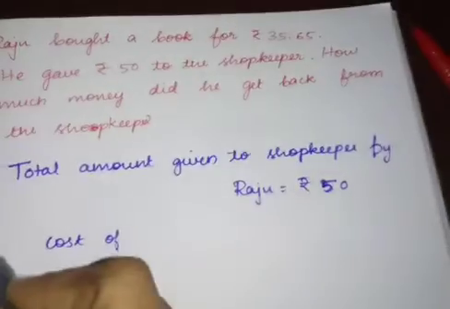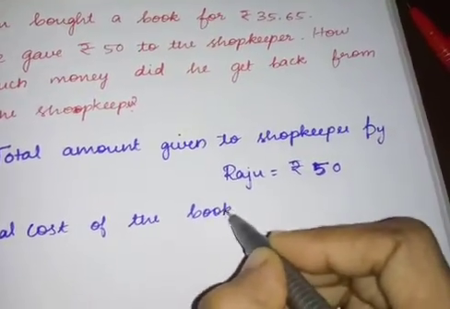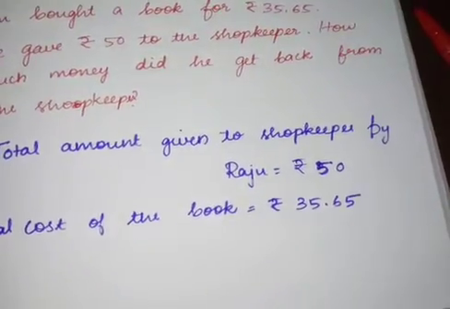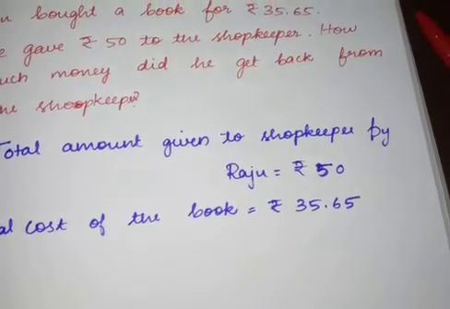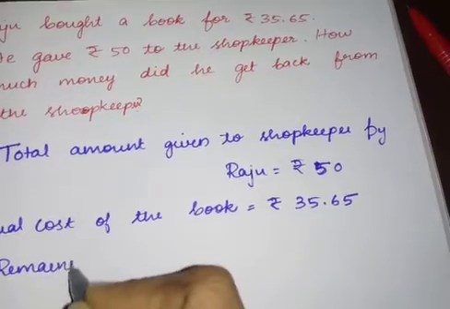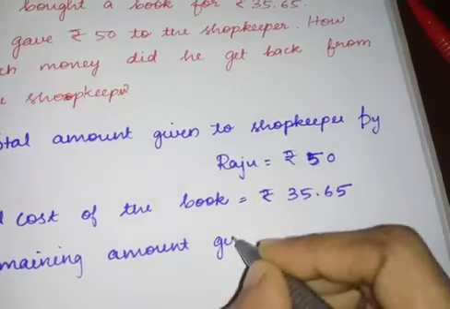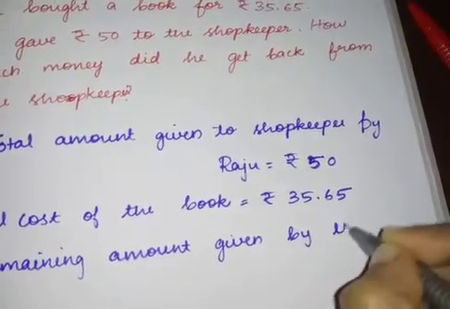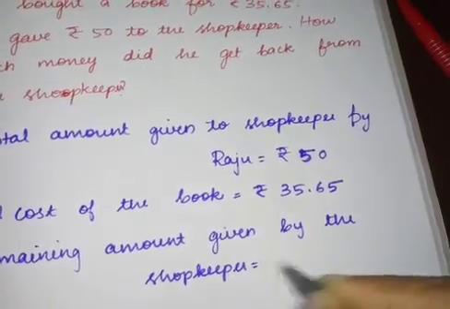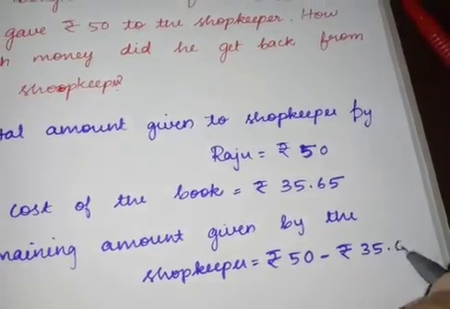Actual cost of the book is rupees 35.65. So the remaining amount given by the shopkeeper, what is it? We have to subtract it, right? So rupees 50 minus rupees 35.65.